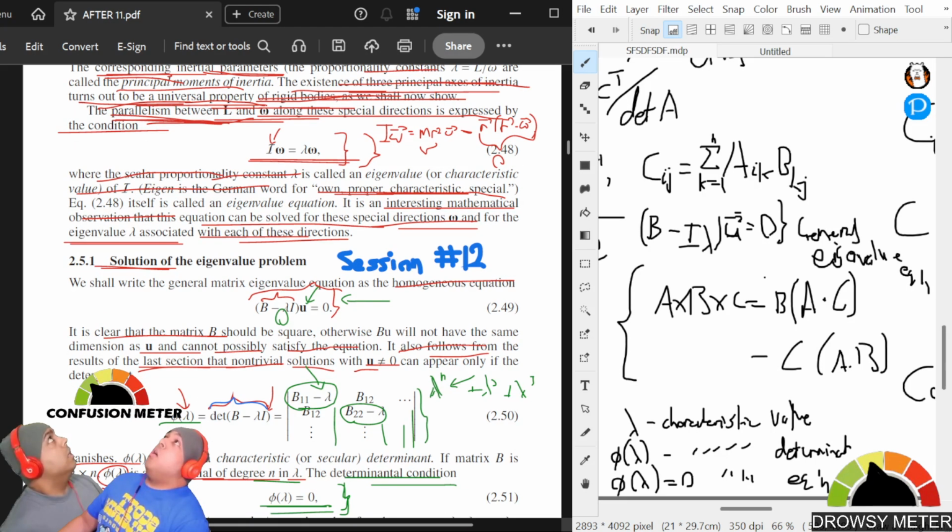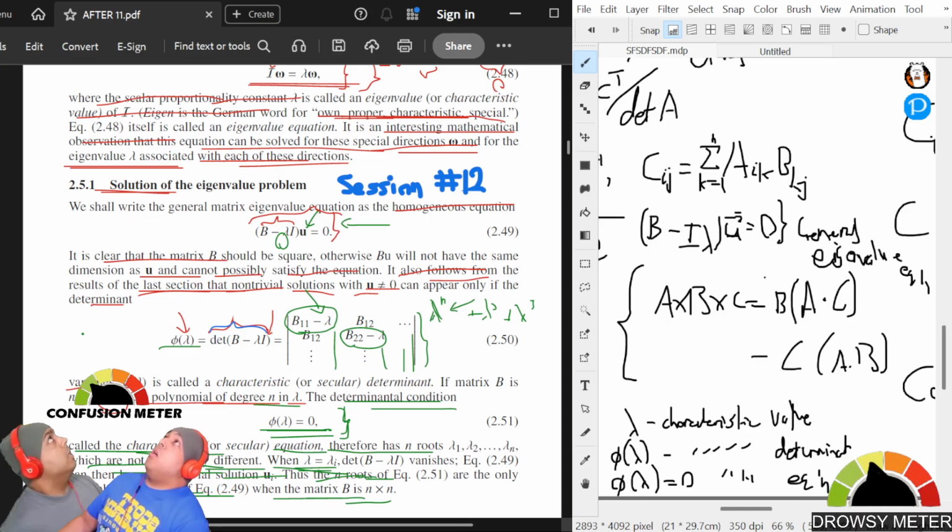B should be square; Bu will not have the same dimension as u. From the results of the last section, a non-trivial solution with u not equal to 0 can appear only if the determinant vanishes.